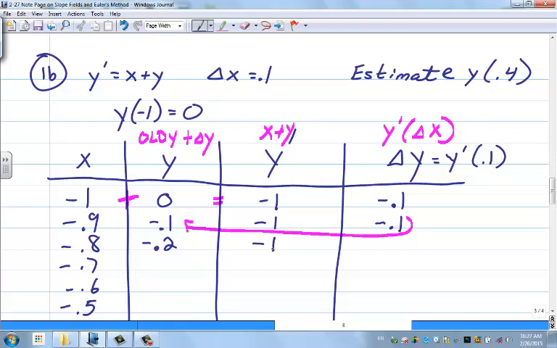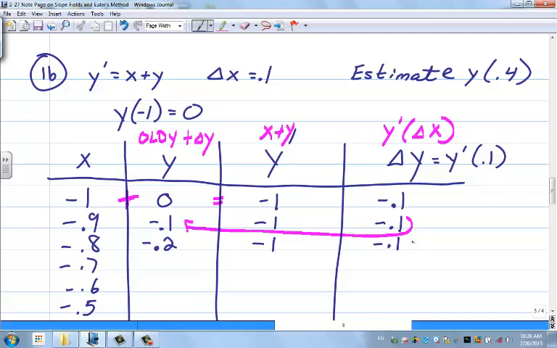So at this point you're like, this looks interesting. It looks like there could be a pattern. So let's keep going, see if it follows. I'm going to follow it for a little while just to make sure that it is in fact a pattern. So now we're going to take our y prime times 0.1. Again, we're going to get -0.1, same answer because it's the same values.